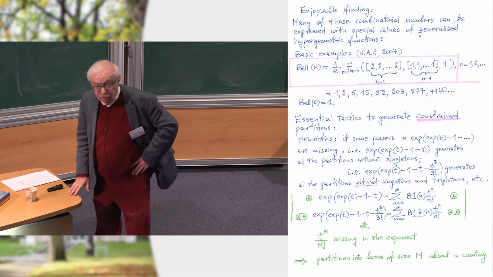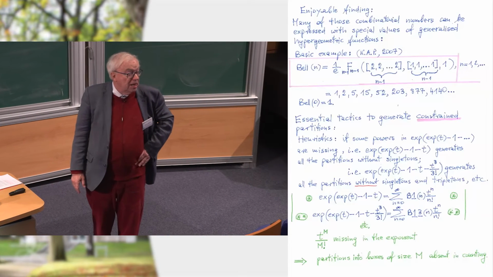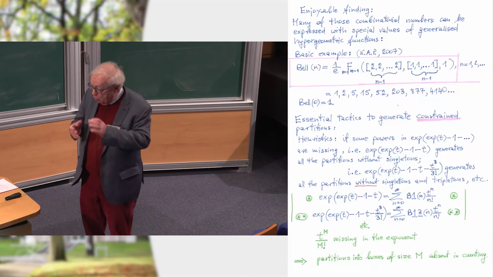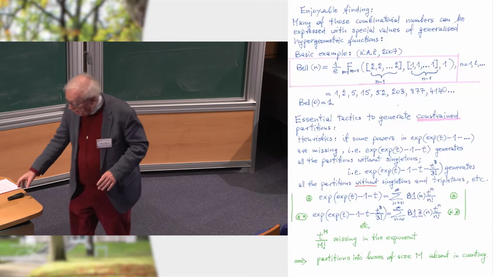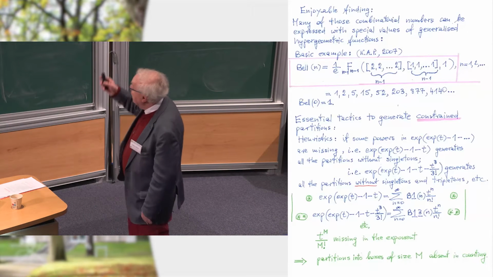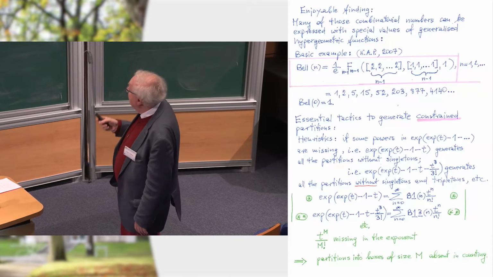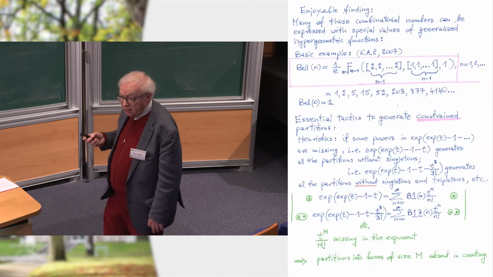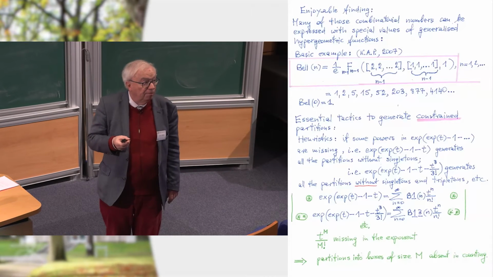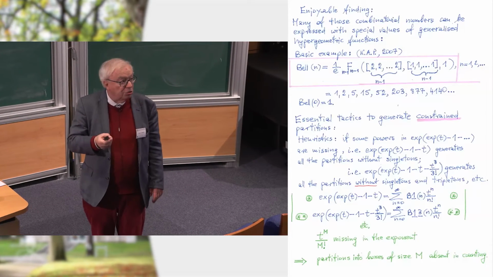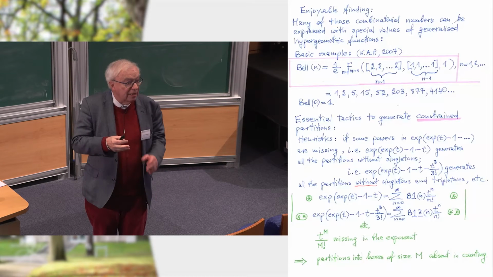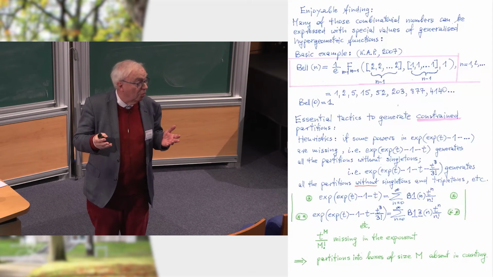Now, how do we treat the case of these restricted partitions? So restricted partitions will be partitions where in the series, in the exponent, you omit certain monomials, or you remove a series of monomials.